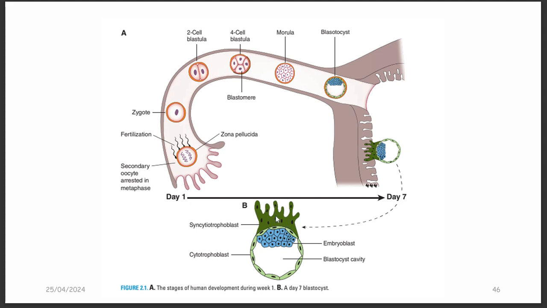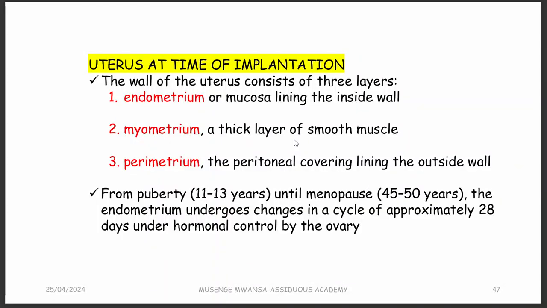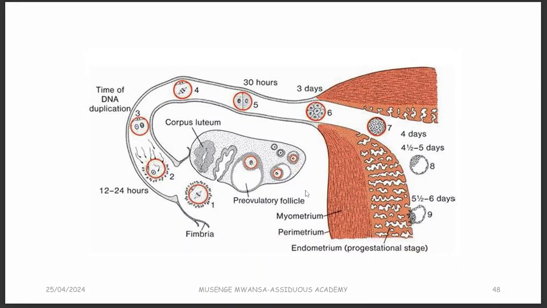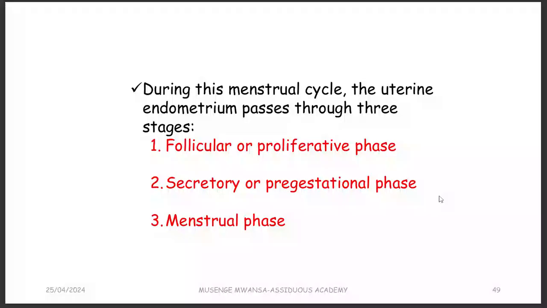This is what will be used. This is going to stretch out like hands, which will penetrate into the uterus for implantation to happen somewhere on the 7th day. So you can see implantation happening on the 6th day.